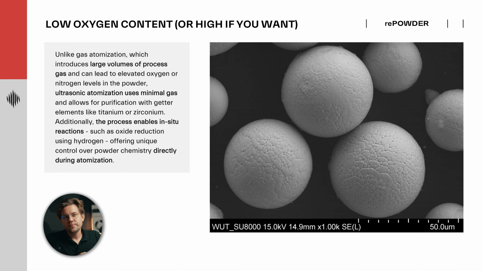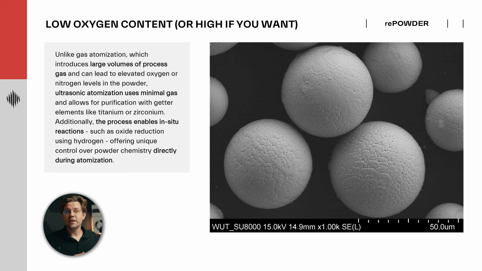The last topic is oxidation. In gas atomization, plenty of gas is used, so even the smallest contamination can be introduced into the final powder. ppm levels of oxygen and nitrogen are introduced afterwards into the melt. In the case of the rePOWDER ultrasonic atomizer, there is only a bit of gas present at a single time in the chamber.